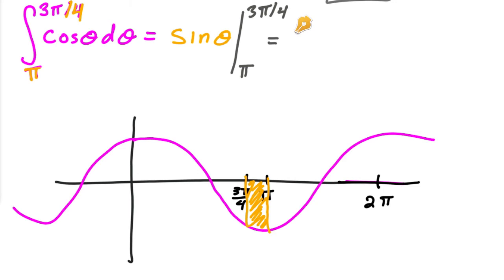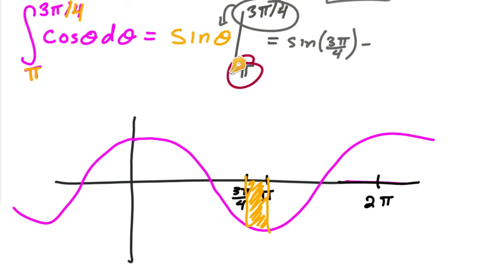Okay, so then you plug in the top. So sine of 3 pi over 4 minus, plug in the bottom, sine of pi, and this is equal to sine of 3 pi over 4, that's root 2 over 2, and then minus sine of pi, that's 0.